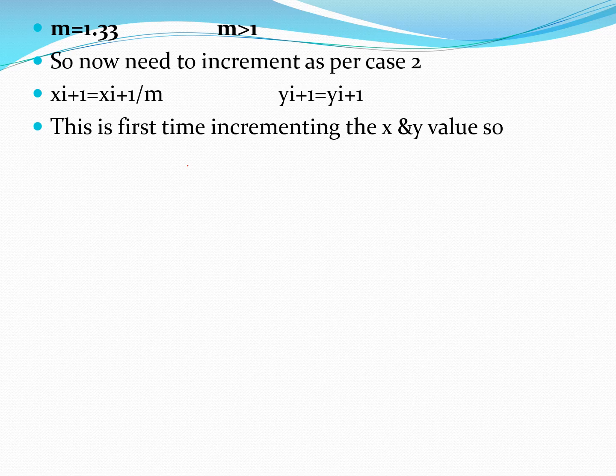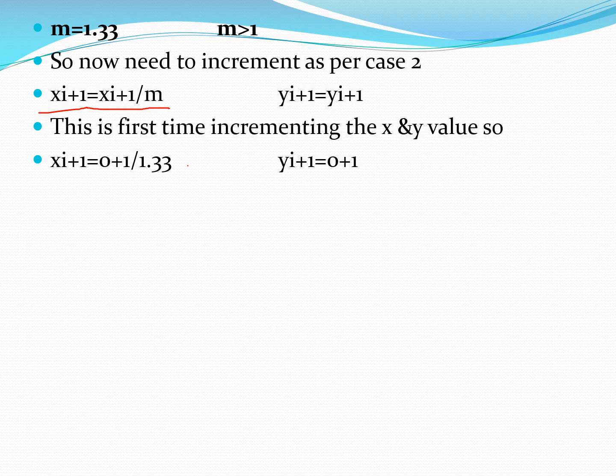First increment, so we are taking xi as 0. Why? Because we are given the 0 comma 0 coordinates, nothing but x1 is 0 and y1 is 0. So we have to increment x1, xi plus 1 equals 0, that is the initial one, 0 plus 1 upon whatever m value we get, that is 1.33.